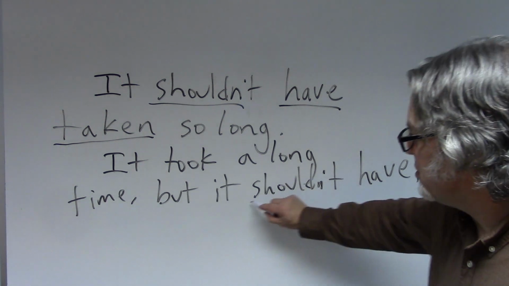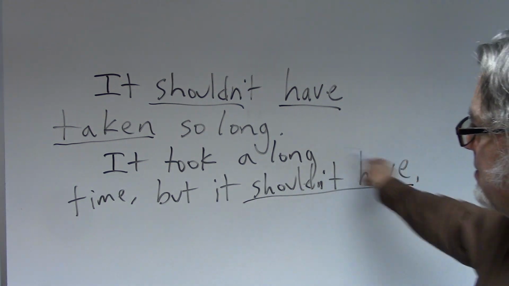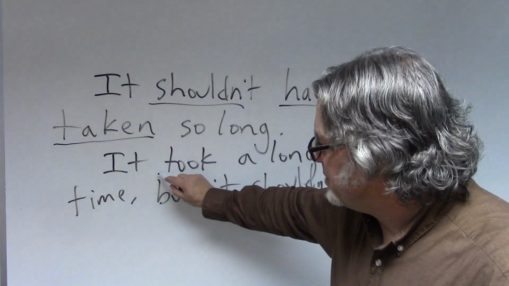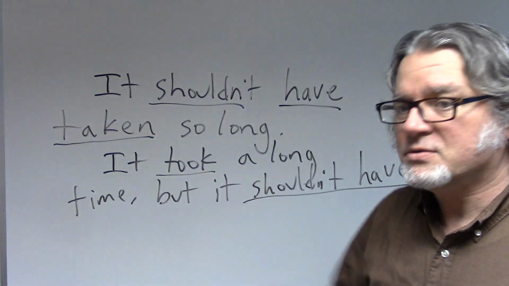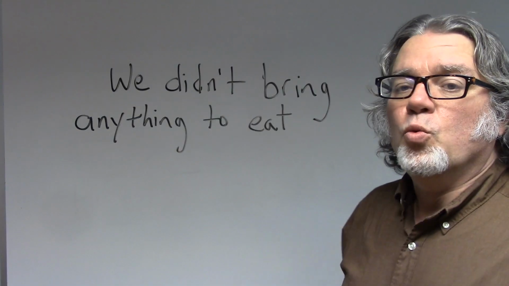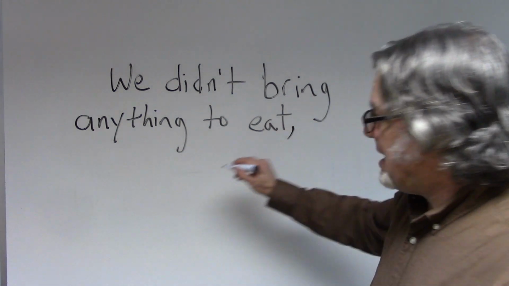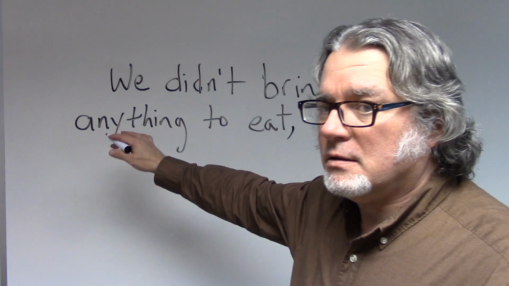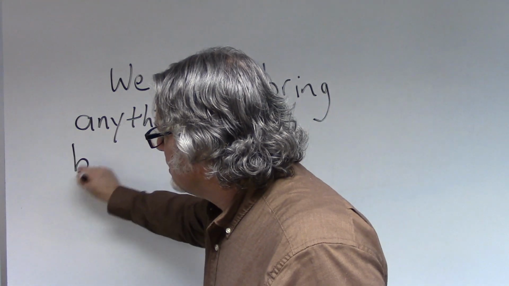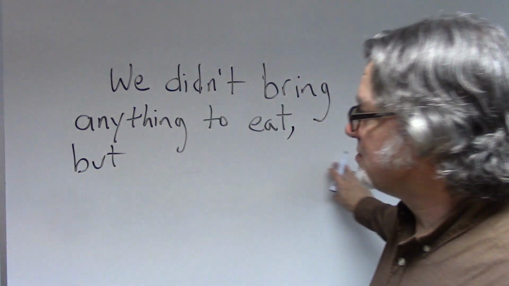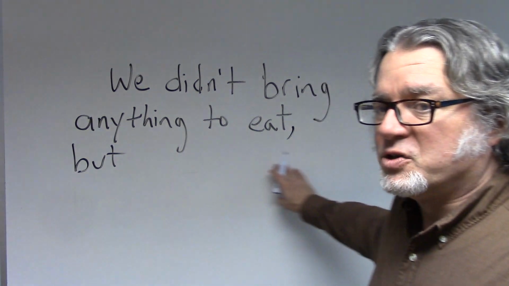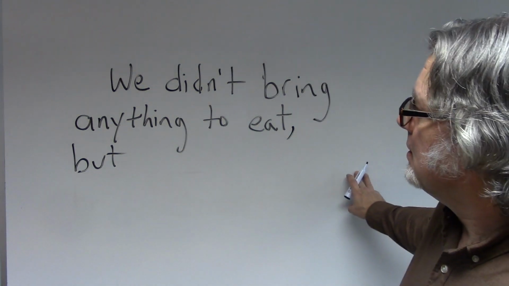Use shouldn't have at the end. This refers to the verb in this part of the sentence. We didn't bring anything to eat, comma, and then here's a conjunction. And in this part of the sentence, here's an expression of the regret.